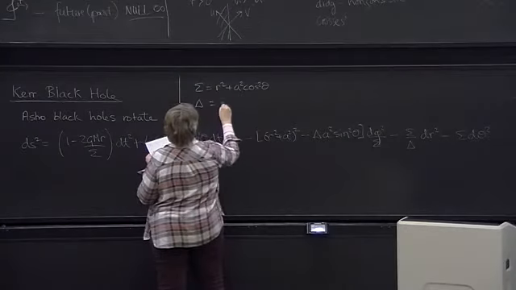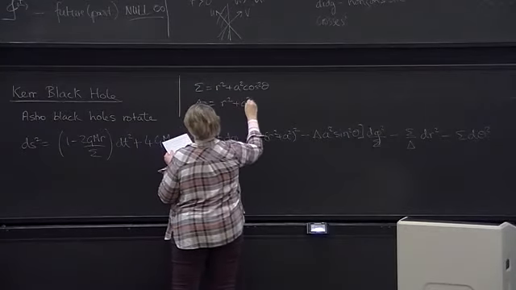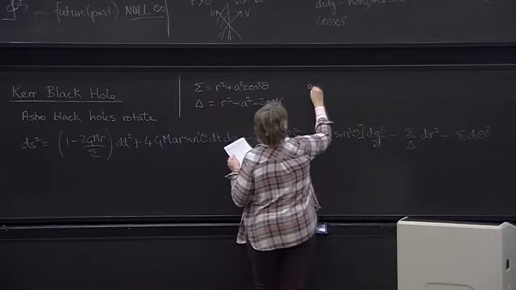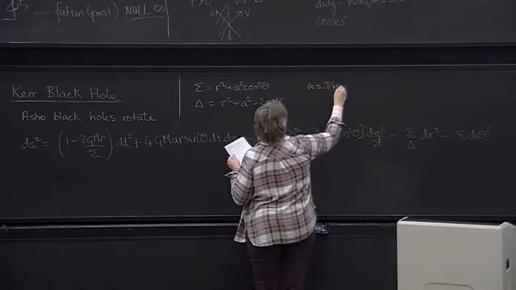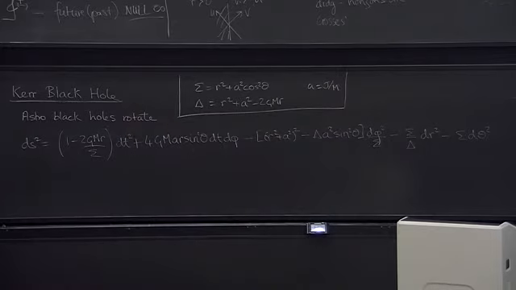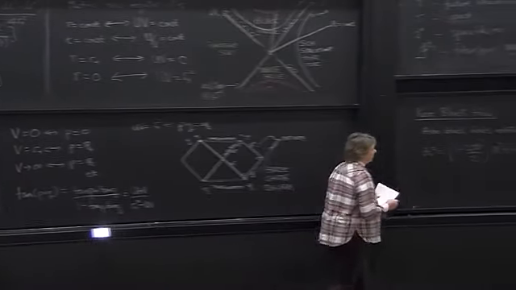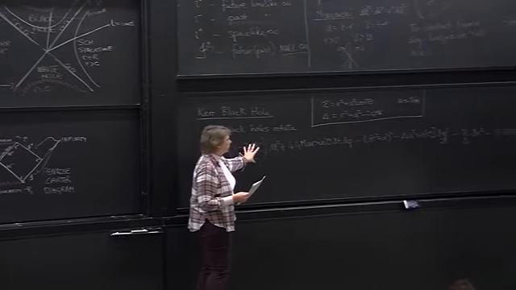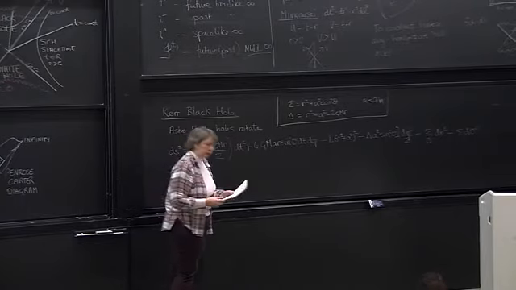Delta is r squared plus a squared minus 2GMr. a is J over M. So that's the Kerr metric in familiar t, r, theta, phi coordinates called Boyer-Lindquist coordinates. It's very much like taking Schwarzschild and messing it around.